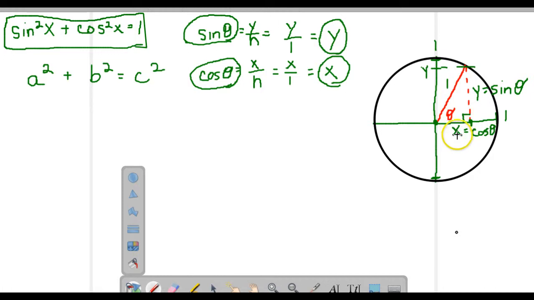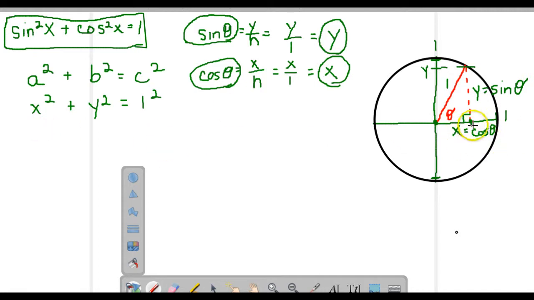A is x, but x is really the cosine of theta. X squared plus y squared equals 1 squared. But really, we could substitute our x's for cosine of theta.